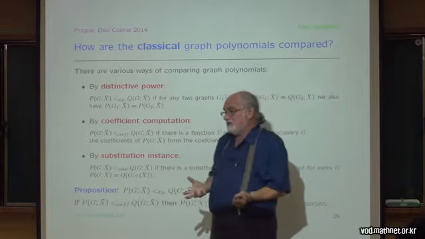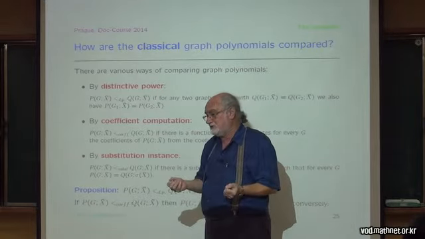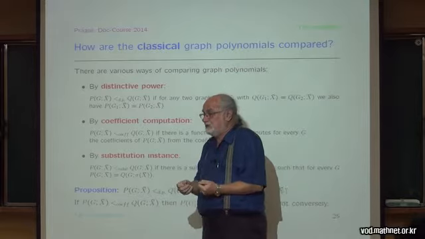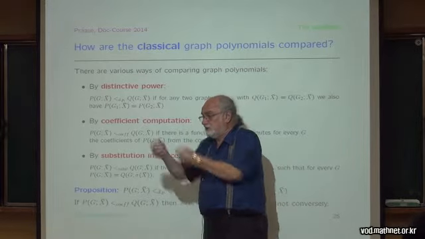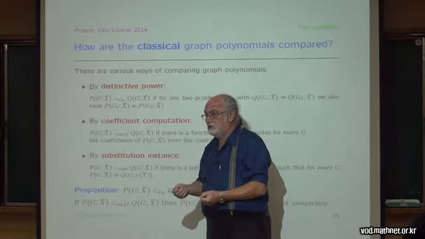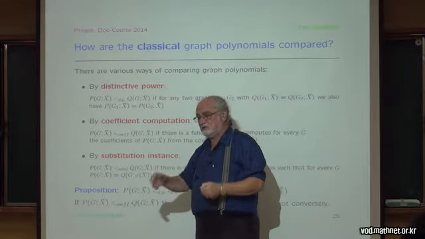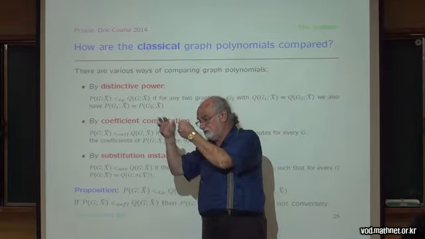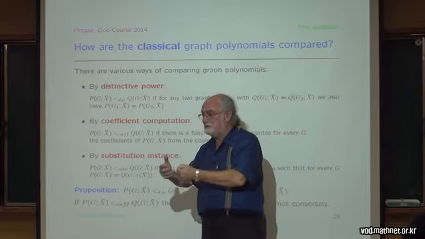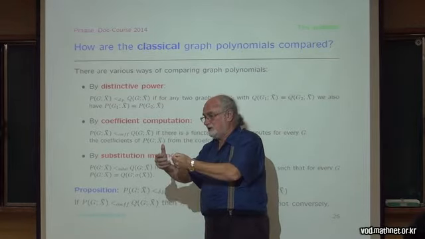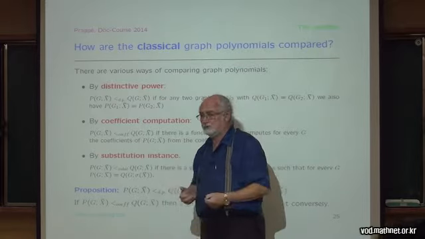if you know my graph polynomial and you have the coefficients, there is a uniform way of computing your coefficients. Okay? So there is one algorithm which, given a graph and the polynomial for my graph, I can compute the coefficients of your graph.